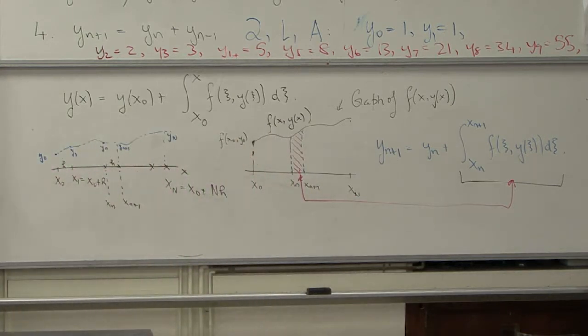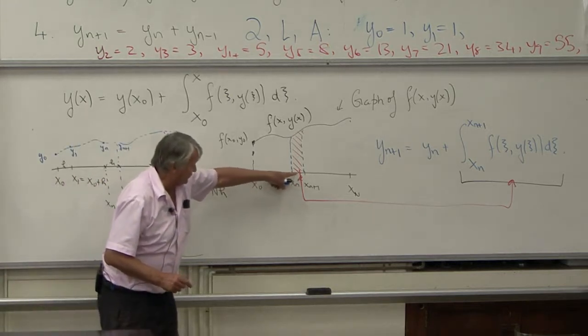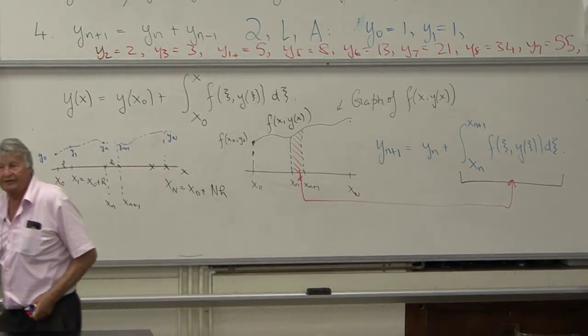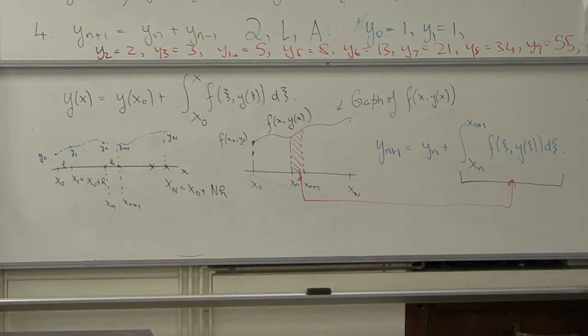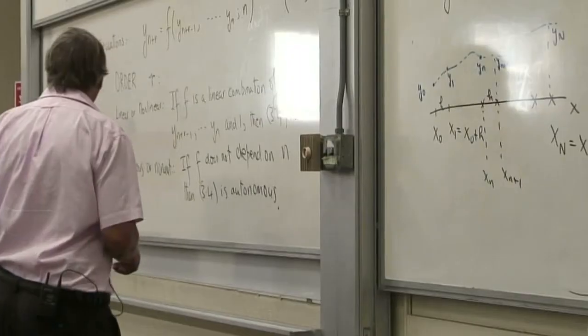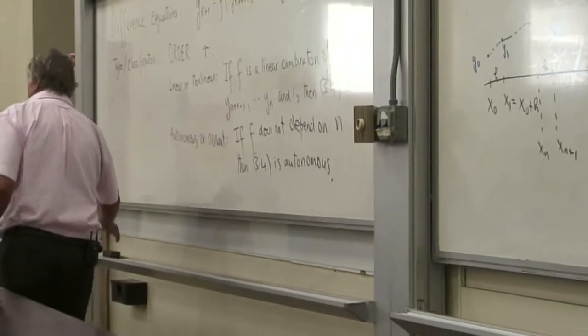Right? Now, somebody suggest, how might I approximate that area, if this is a small distance here, this is h, which is 0.01 or something like that? How might I approximate that area?